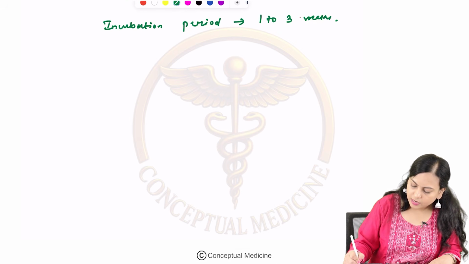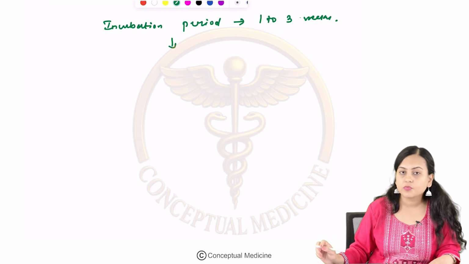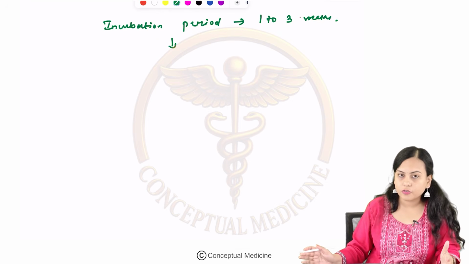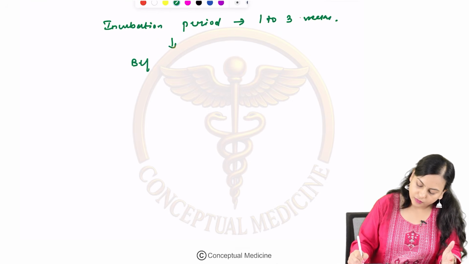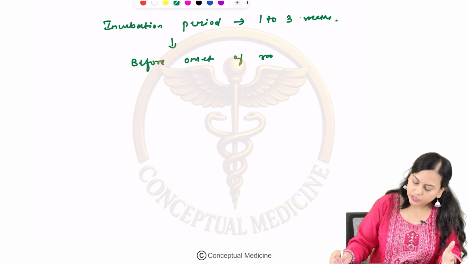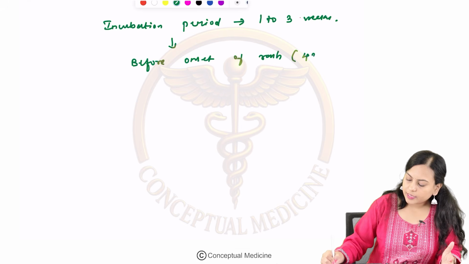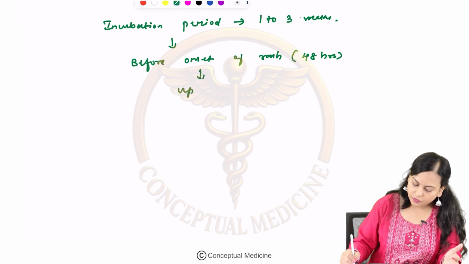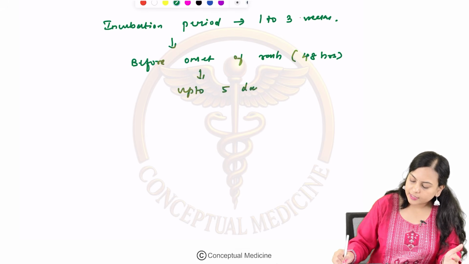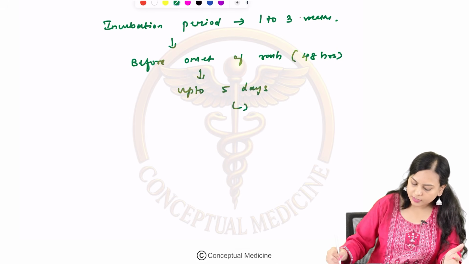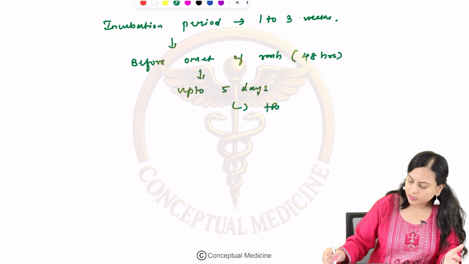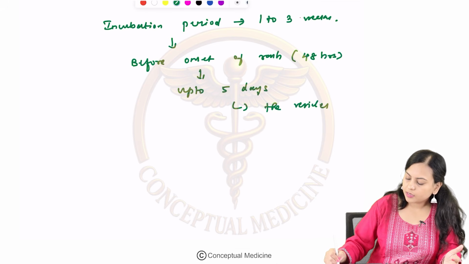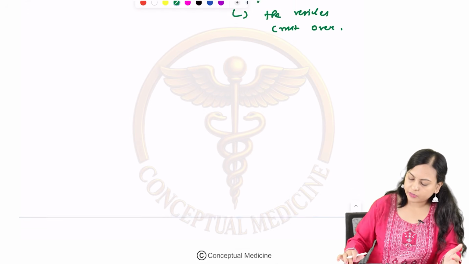And remember, the disease is more infectious before the onset of rash, 48 hours before that, and up to 5 days after that, because this is when the vesicles form crust. Okay, that is they crust over, right?